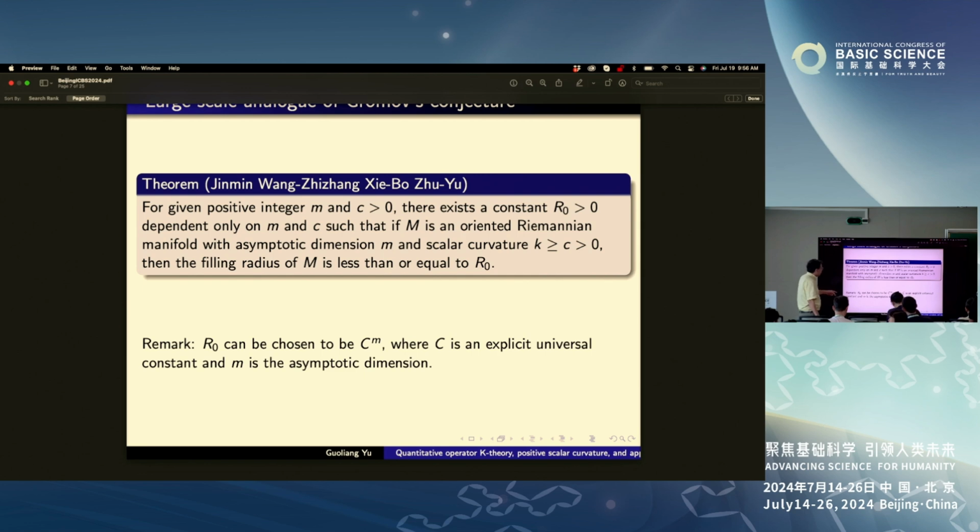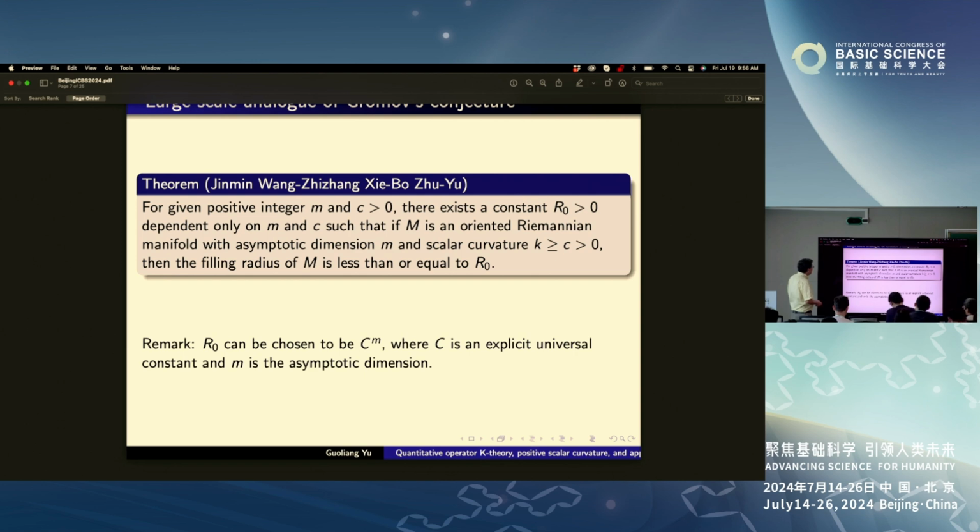The filling radius can be bounded accordingly. We don't think we have the optimal constant, but finding the optimal constant is related to a very elementary problem, which I'm going to discuss a little bit later on.